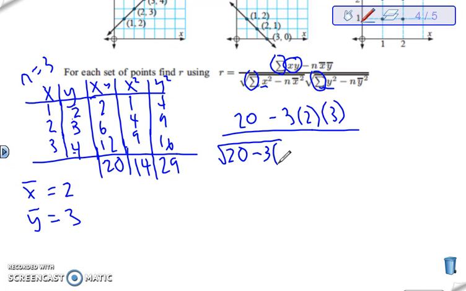And then I'm going to square the average of X. Oops, did that in the wrong order. Sorry, we're just going to square the average of X. The average of X was 2, so 2 squared.